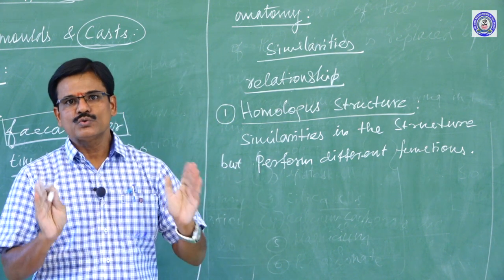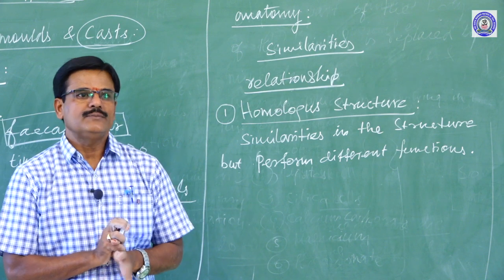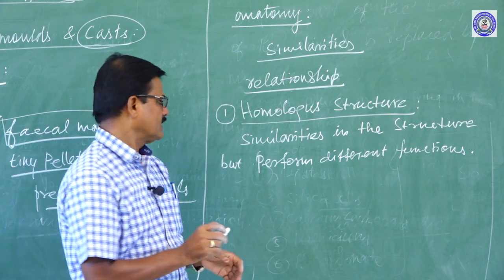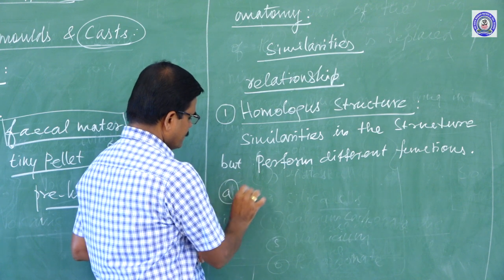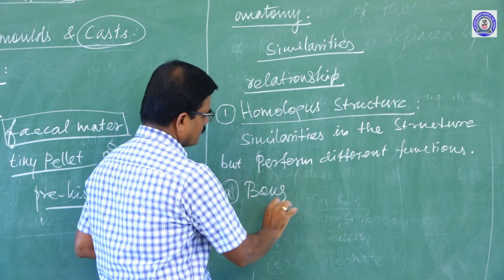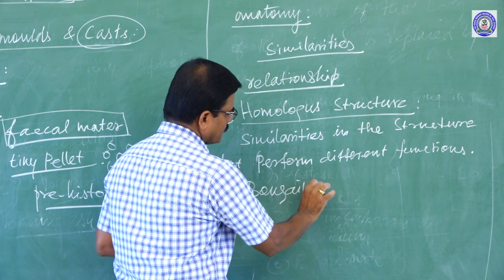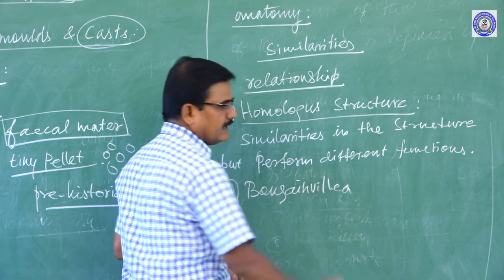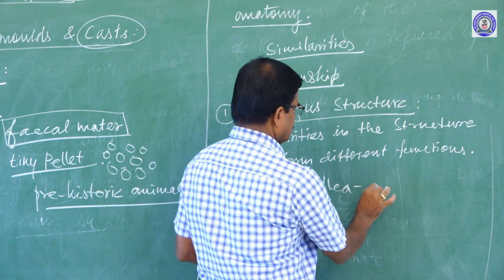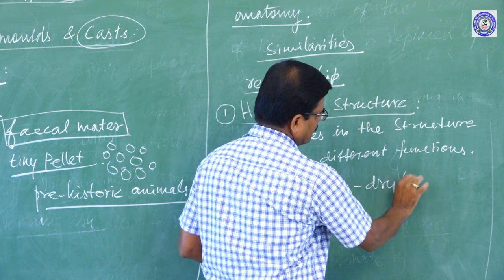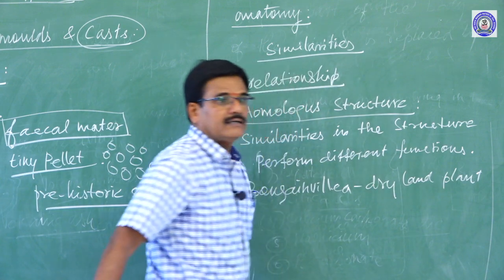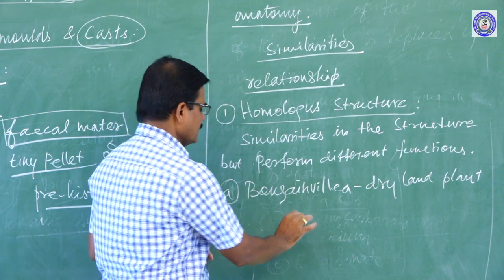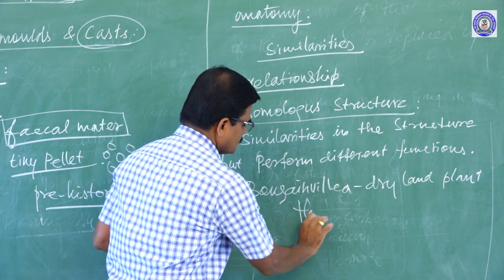So those two organs seem to be the same, the structure is the same. First one I said is bougainvillea, a dry land plant that contains thorns.